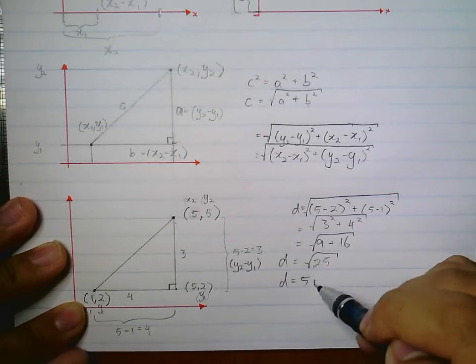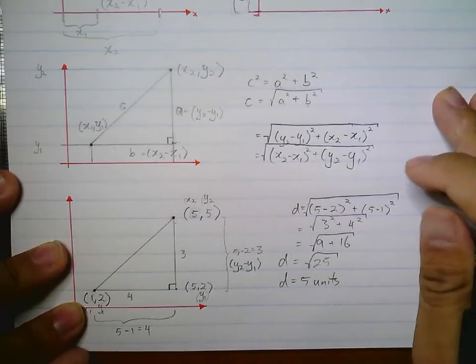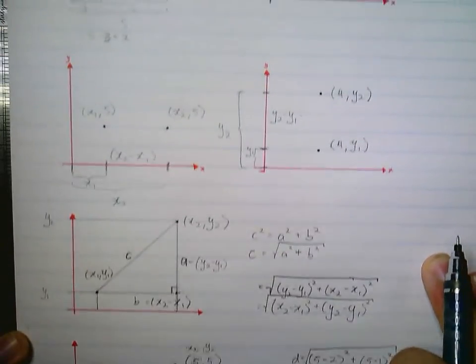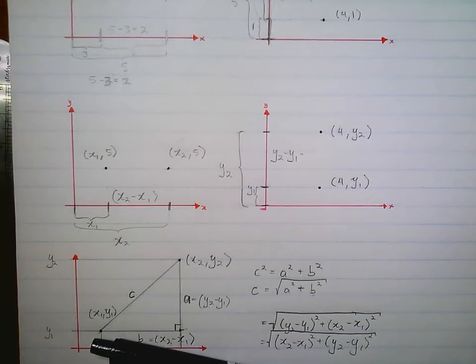D is a distance of 5 units. So that there's the proof of the distance formula.